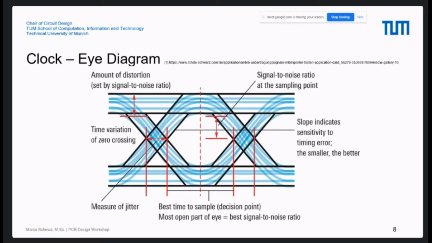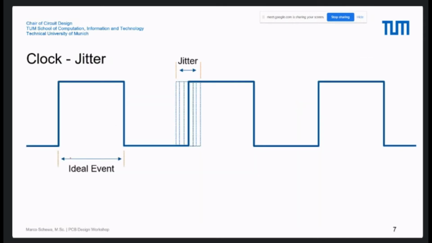So you have a variation here at this point. If you have 50%, then the next time you have 49%, then you can say 51%, and then here 49.5%, and so on. So this clock is not ideal at each point. And the minimum maximum thing is then called jitter.